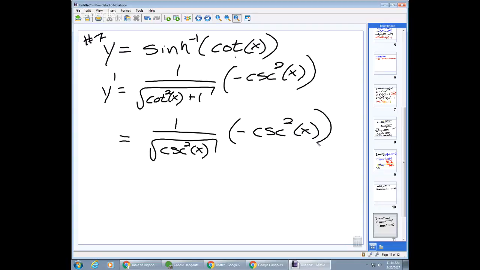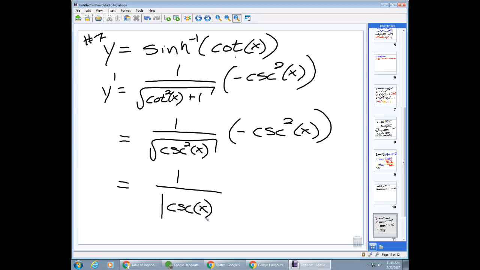And the square root of a square is almost not itself, it's the absolute value of itself, because the square on the inside loses track of whether it was positive or negative. So technically, this is 1 over the absolute value of the cosecant of x.